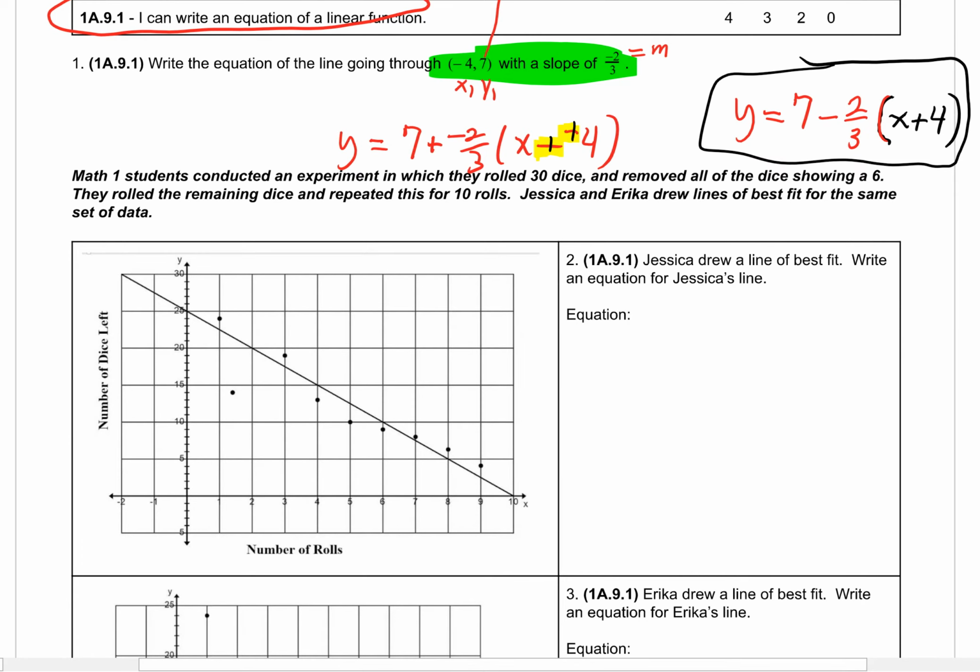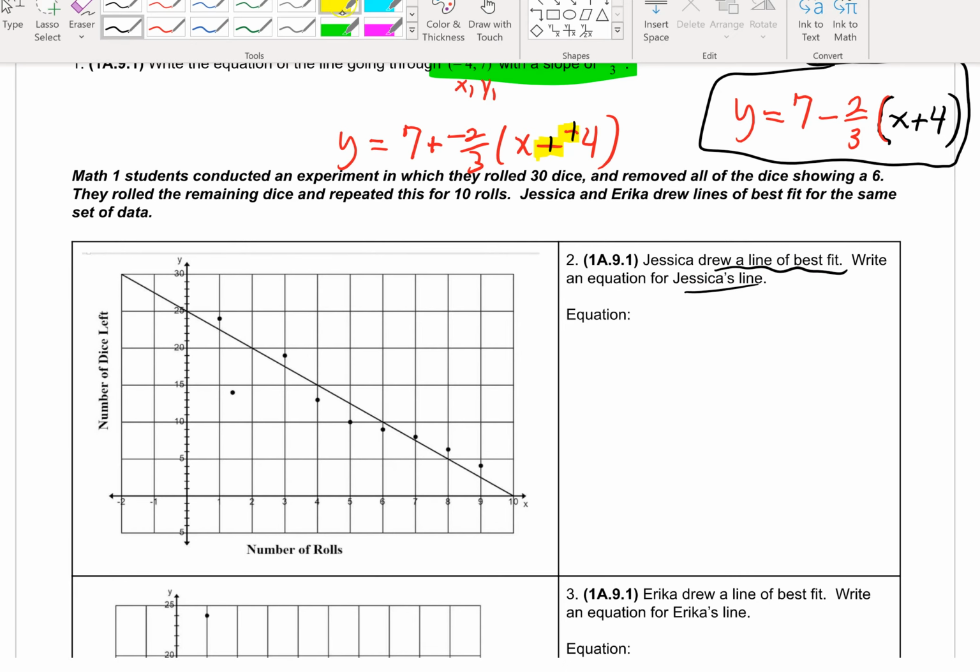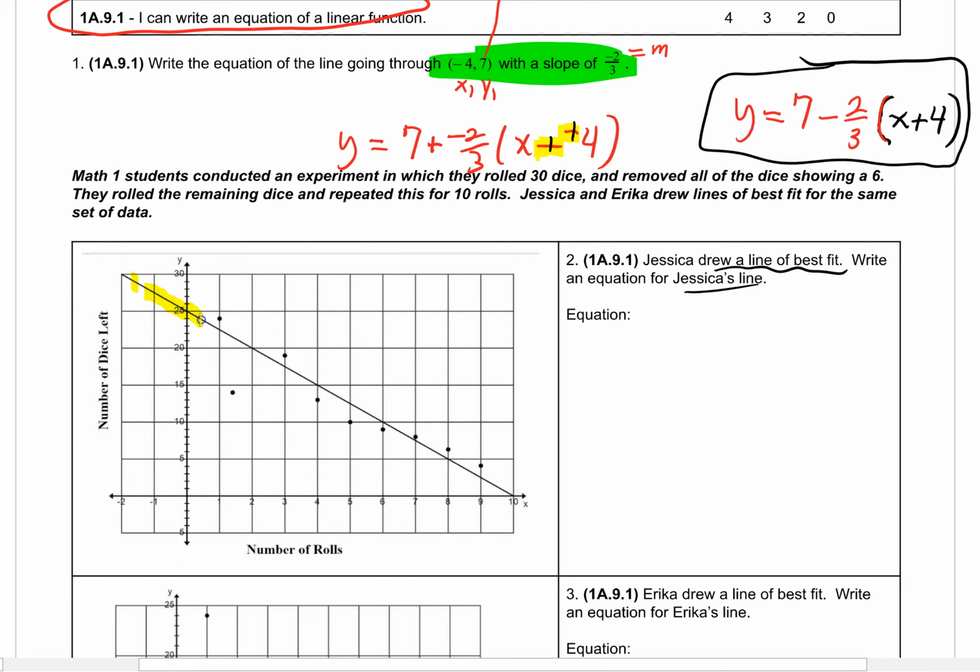It's very much the same idea, except that we're going to be finding the equation of a line of best fit. And guys, what I can't stress enough is this line of best fit is really right here in yellow. You're trying to get that equation.